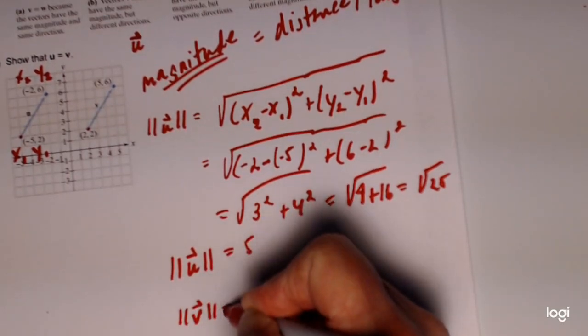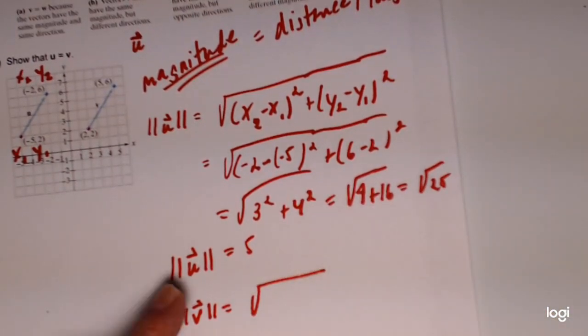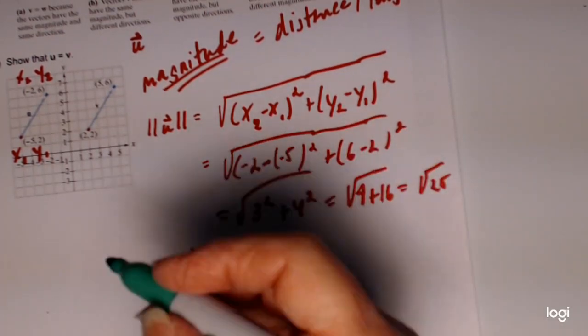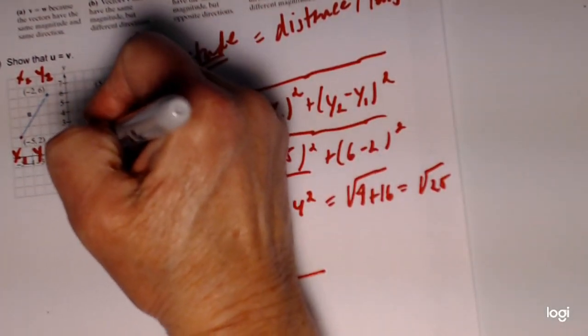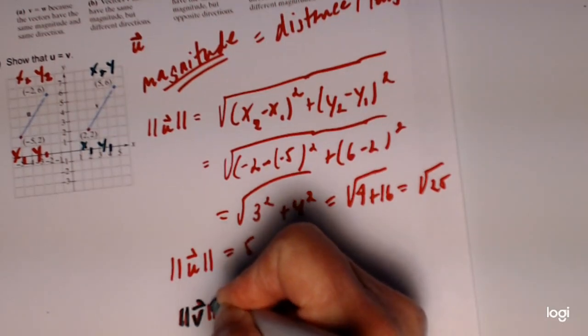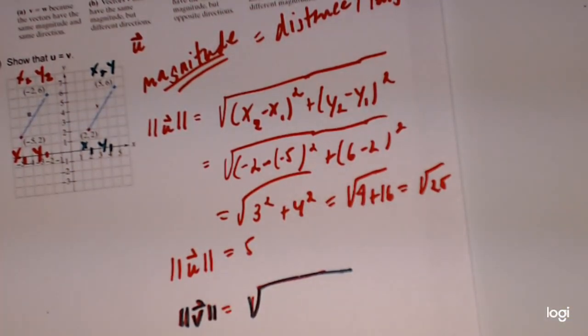So here the magnitude of vector v. I should have switched to different colors. So here, this is going to be again our x1, y1, and here x2, y2. And let me switch this to green so we know this is a different vector now.